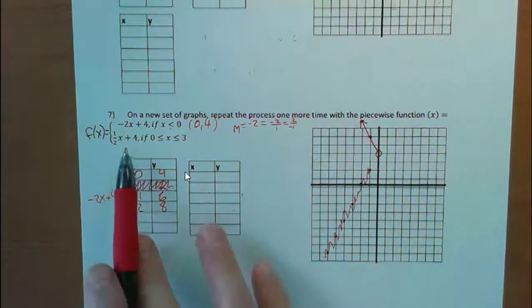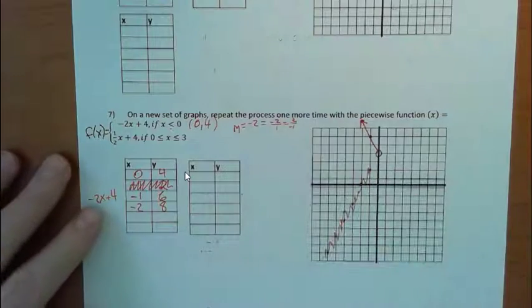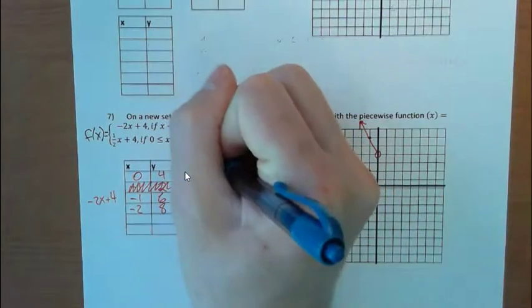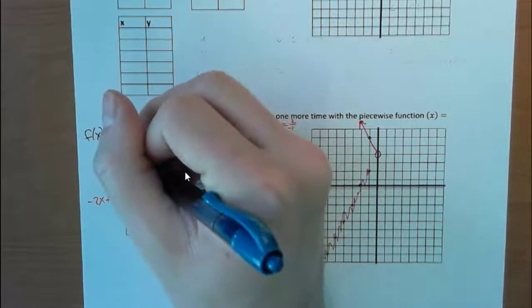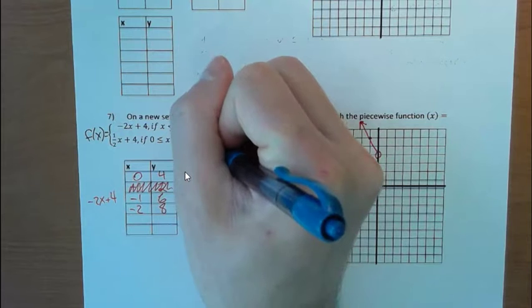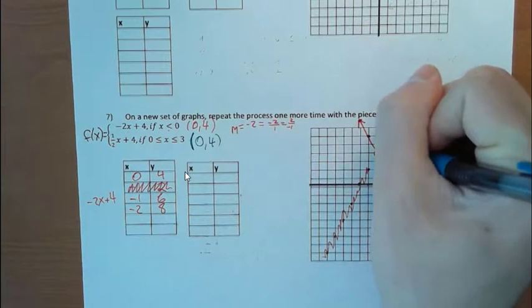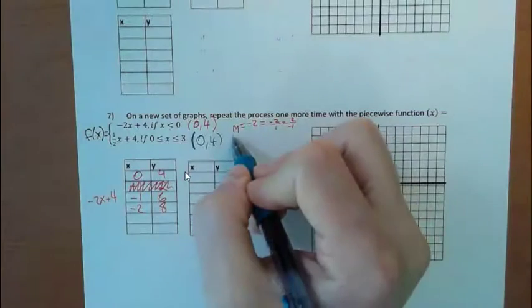And then lastly, our last function here, we are doing 1/2 x plus 4. If we put a 0 into that, we have 0 times 1/2 is 0 plus 4 is 4. So we have (0, 4), right inside of our first point, and we can plot that inside of it. But now we have a kind of weird thing happening afterwards.